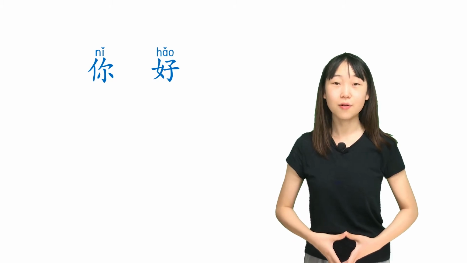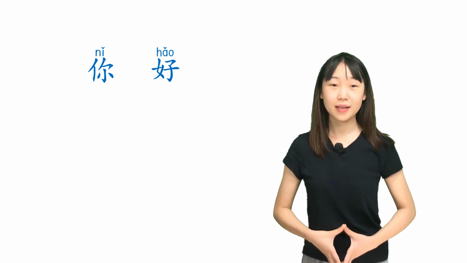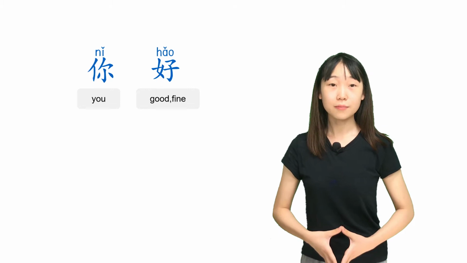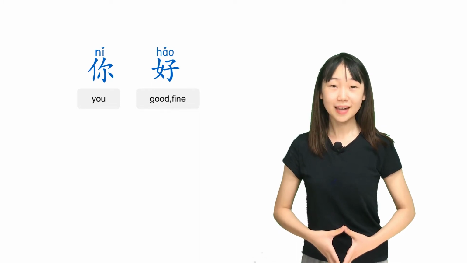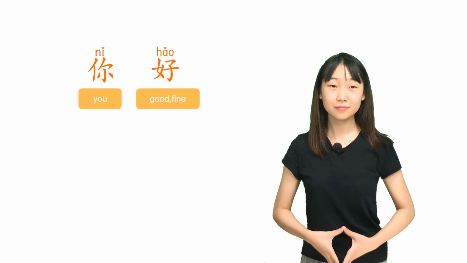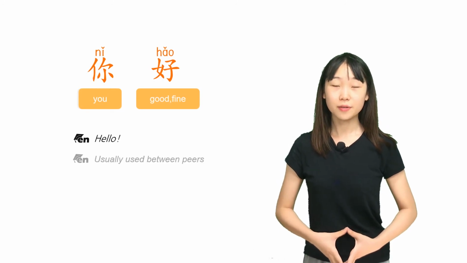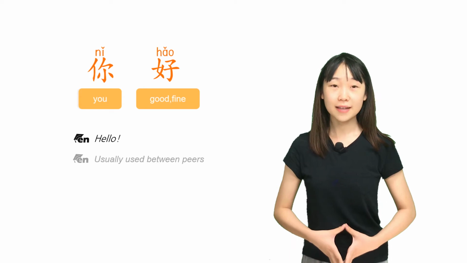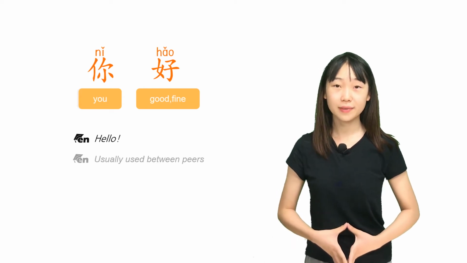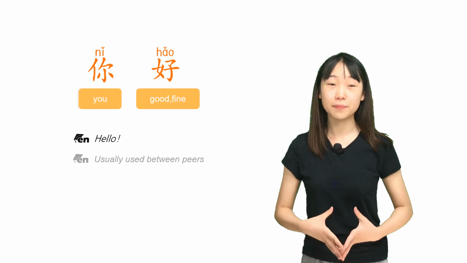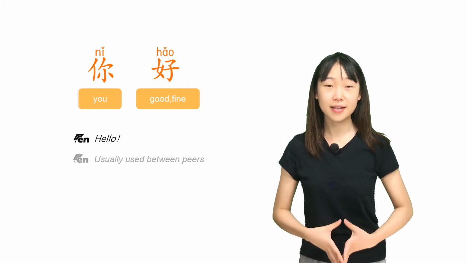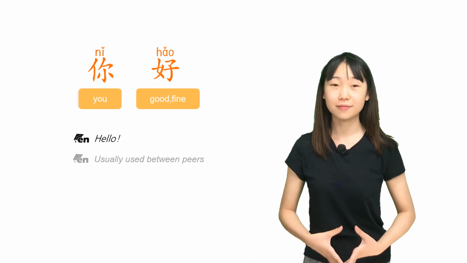In China, people usually use 你好 to say hello when they meet for the first time. 你好. 你 means you. 好 means good. 你好, hello. 你好 means you good literally, so it has the meaning that I wish you were the good. 你好 is usually used between people of similar age and position, like friends, co-workers, and so on.